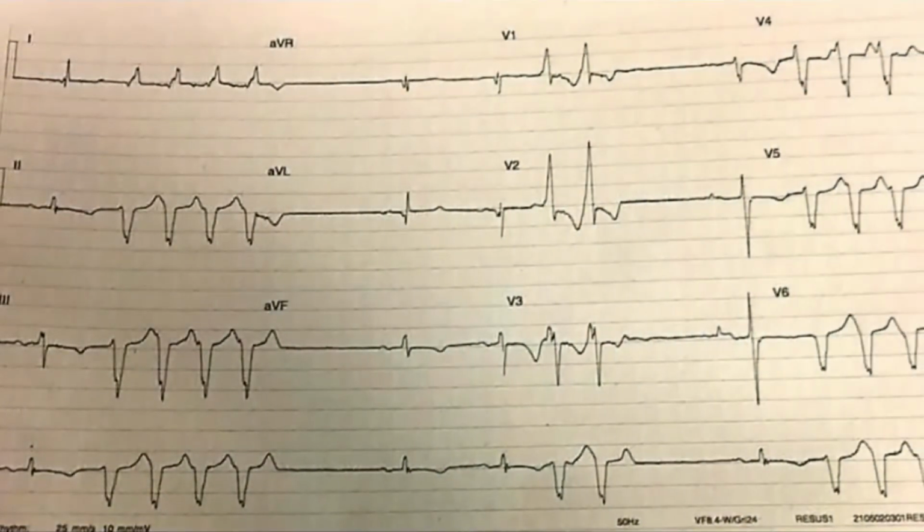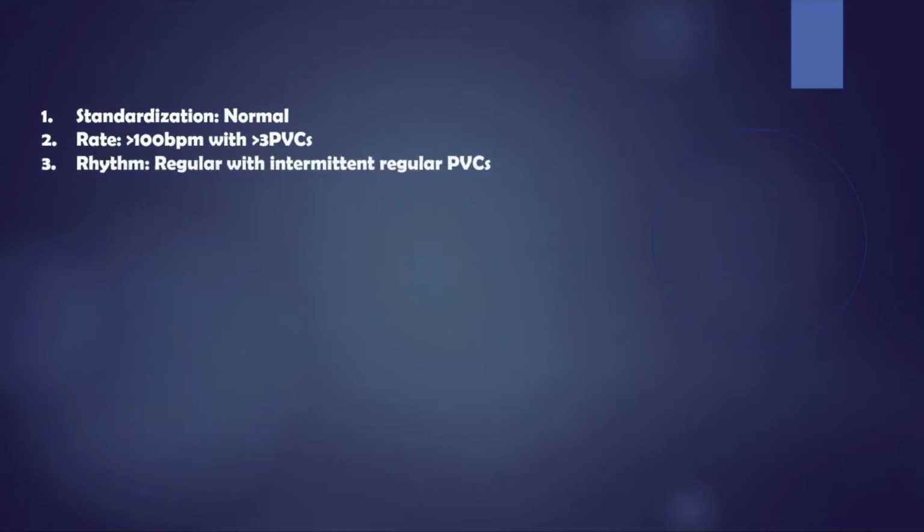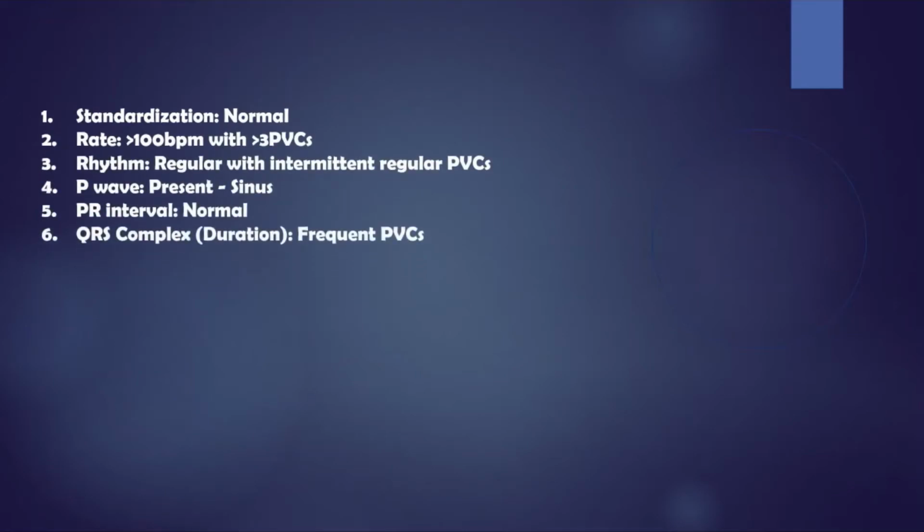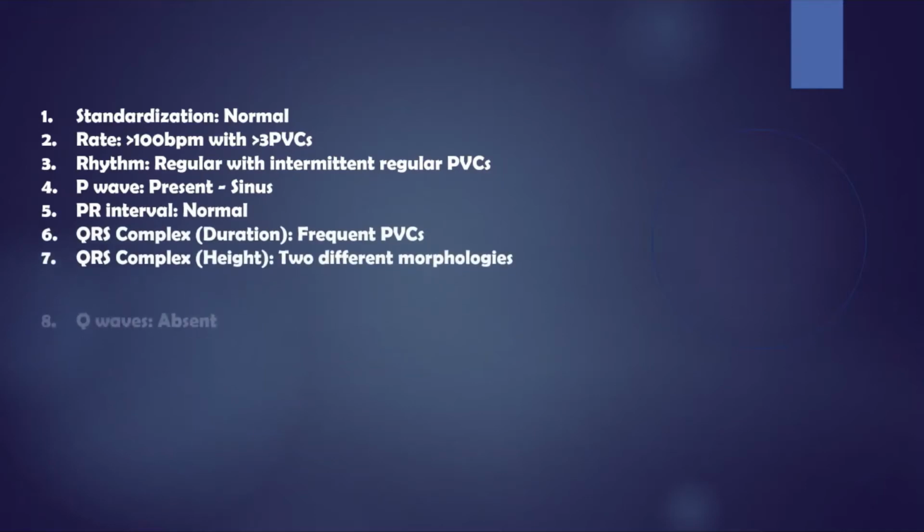So this is a person who was feeling intermittent palpitations. What do you see? So we're going to go through all of those 14 things again. Rate more than 100 beats per minute with more than 3 premature ventricular contractions.